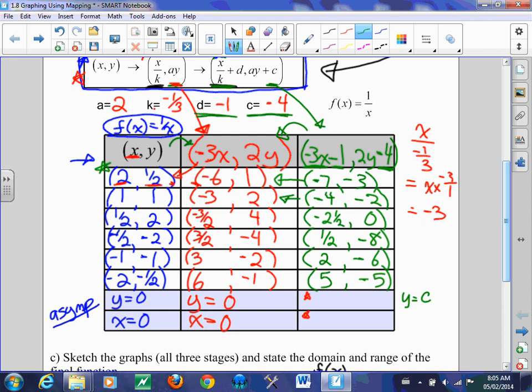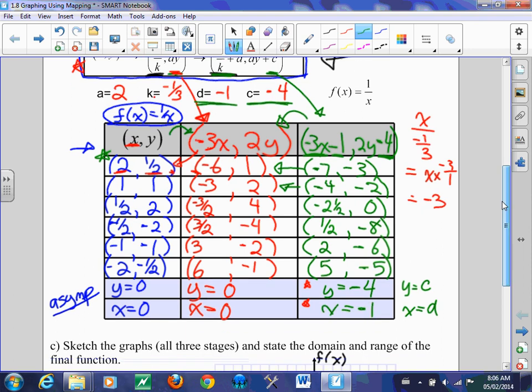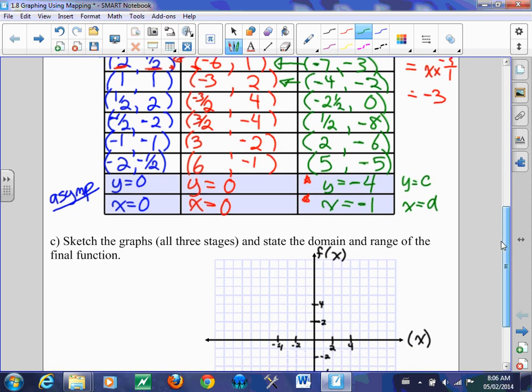So what does that mean? y equals negative 4. So we're going to shift our asymptote down. That'll be easier for us to graph. Likewise, our x asymptote is related to x equals d. In this case, it's going to be x equals negative 1. So we're shifting both of our asymptotes in stage 3.